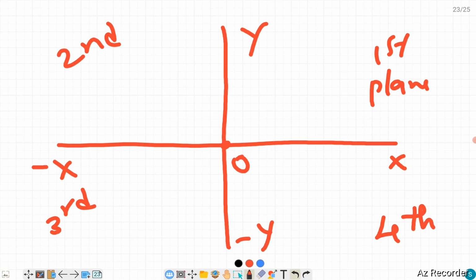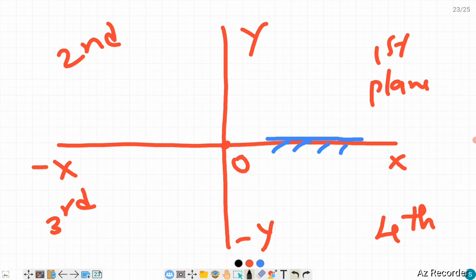Okay. Now from the source, let us take a light is falling on a mirror which is placed at the first plane. Okay, I have placed mirror here on the positive x-axis.